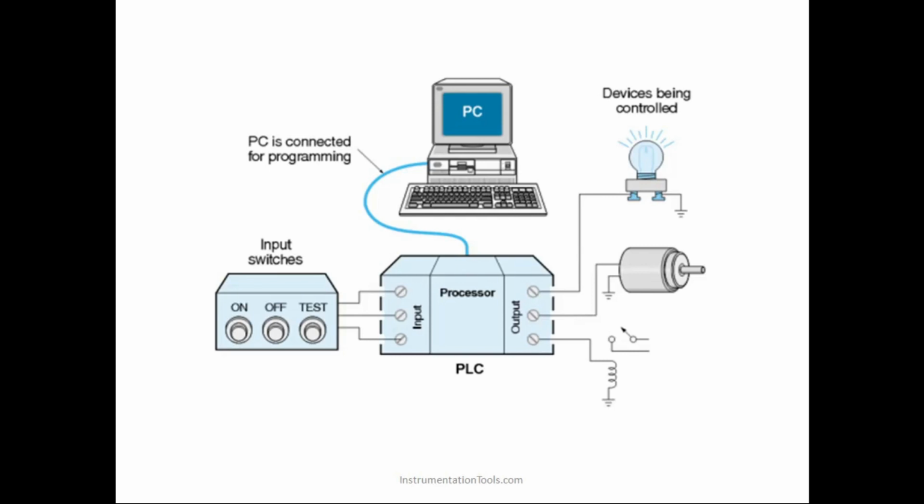Programming depends totally on what kind of process is going on inside the plant. There is programming software present inside the computer which can program our PLC. We'll be using different types of languages, such as ladder language, function block diagram, and many other languages that we'll look at in the next slides.